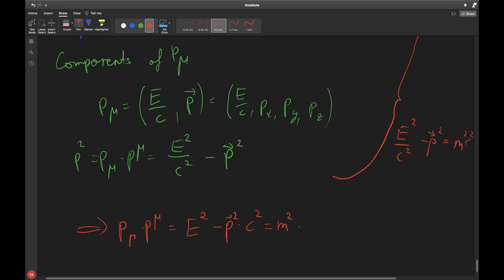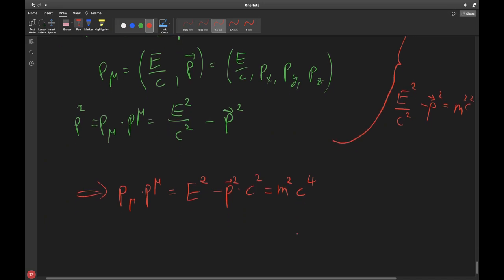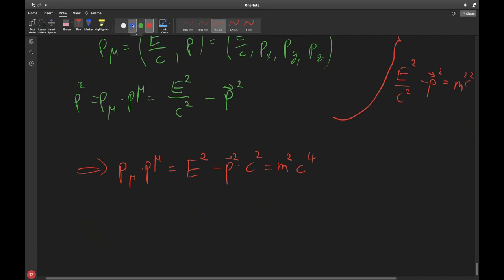I multiply with the c squared, so it will become mc to the power of 4. Again, in a very special case, if our object is not moving, and its momentum is 0, then E squared equals m squared c to the fourth, from which energy is the same as mc squared. Special case.